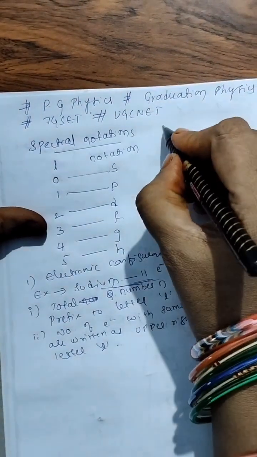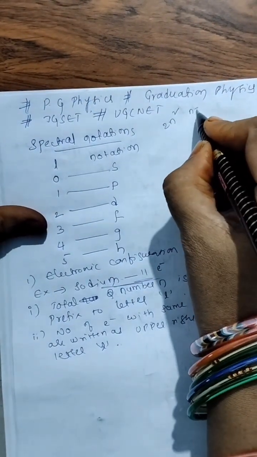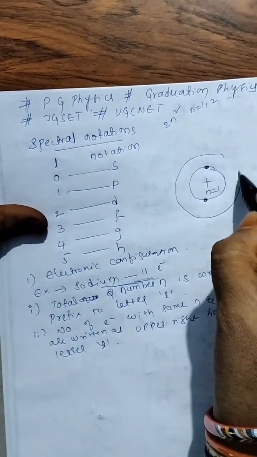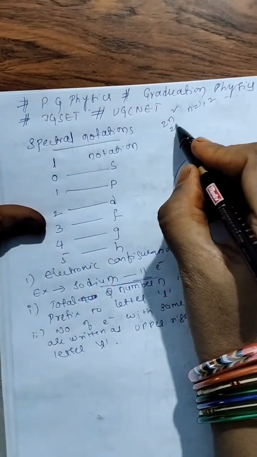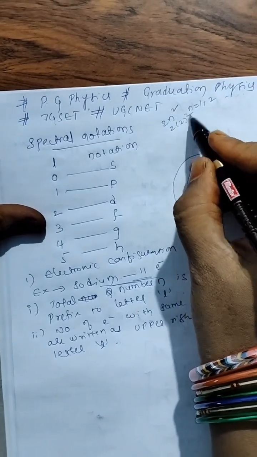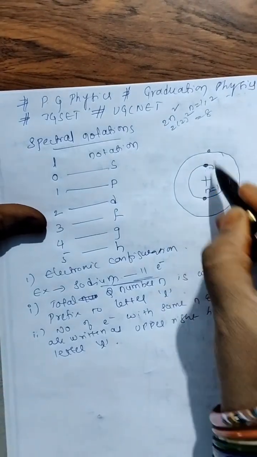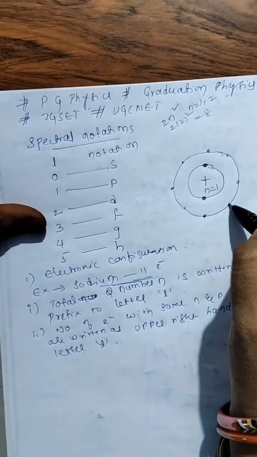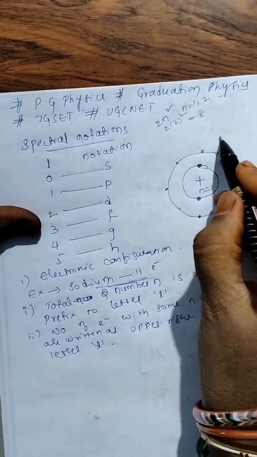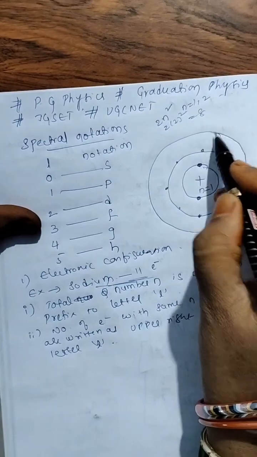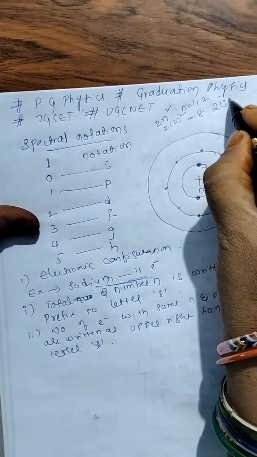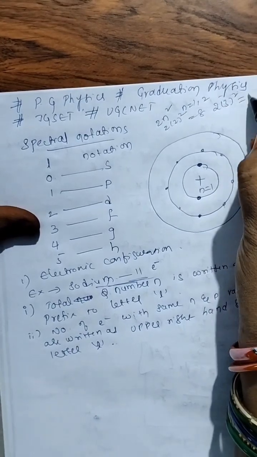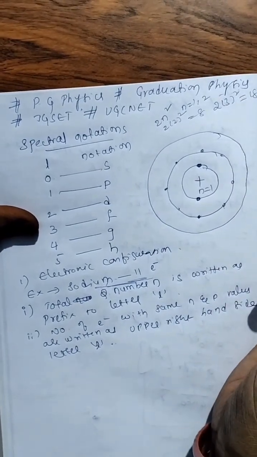Following 2n square, we substitute n equal to 2. In the second orbit, how many electrons? 2 into 2 square, 4 into 2, 8 electrons. And in the third orbit, 2 into 3 square, 3 into 3 is 9, 9 twos are 18 electrons.